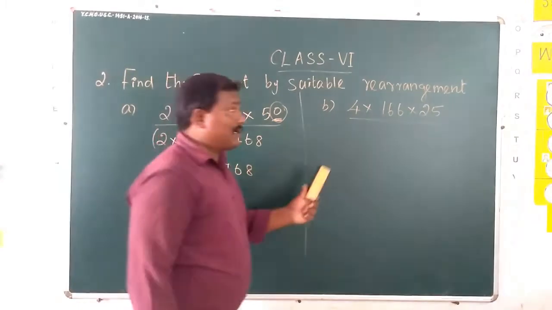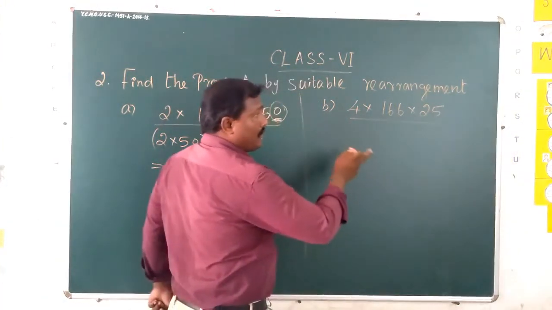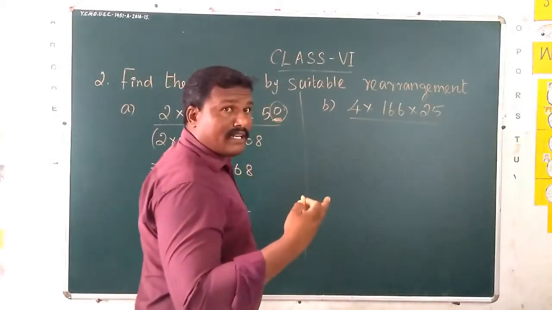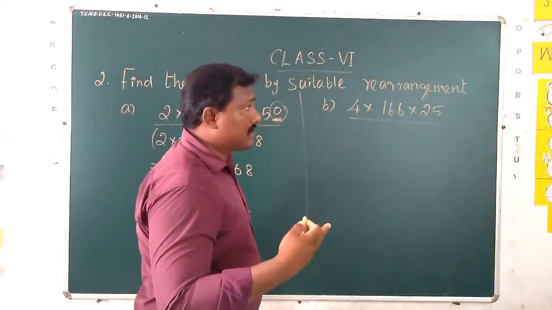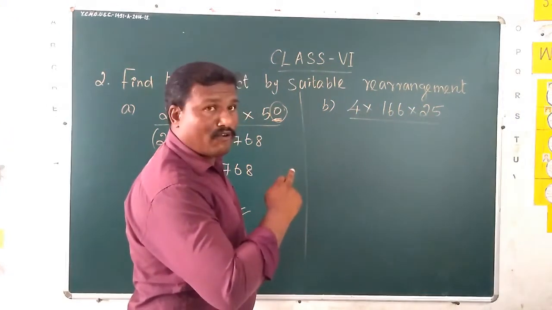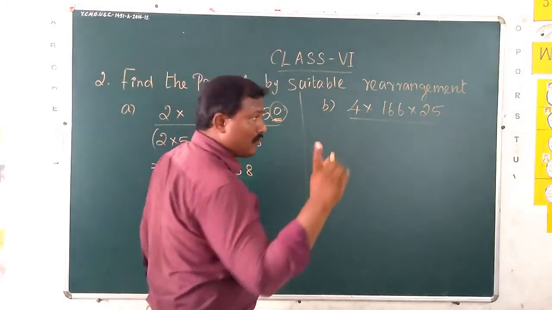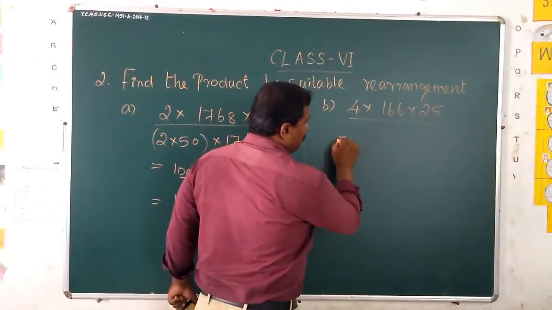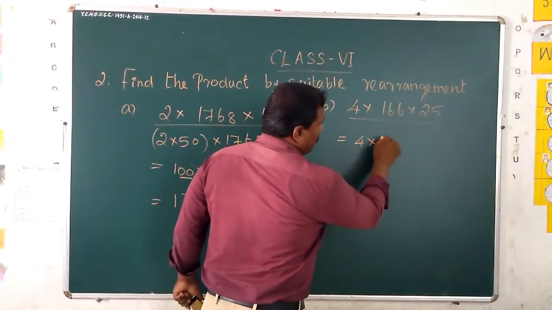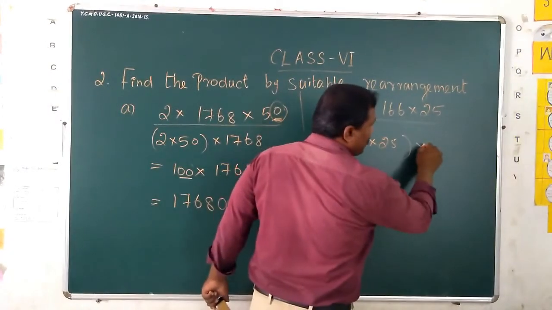Let me take another example. Here I am going to rearrange the given numbers. Can you guess what I am going to do? I am going to multiply first 4 and 25, because I know 4 25s are 100. 4 into 25 I am going to multiply first, then after that I multiply 166.